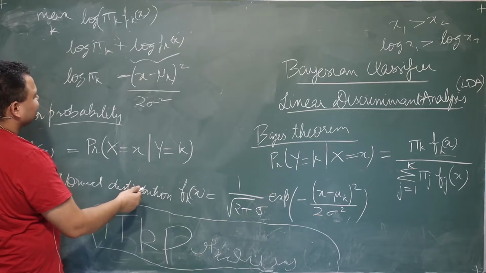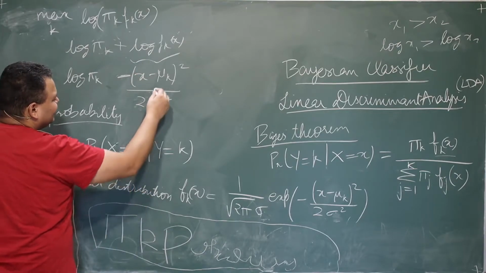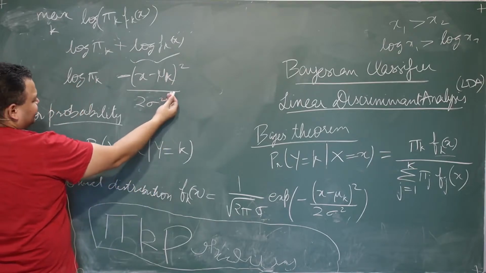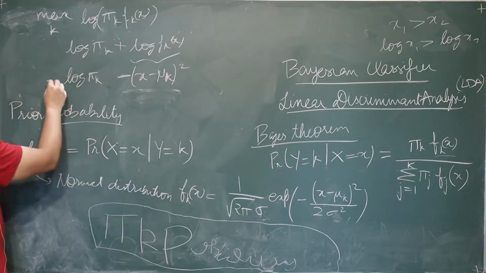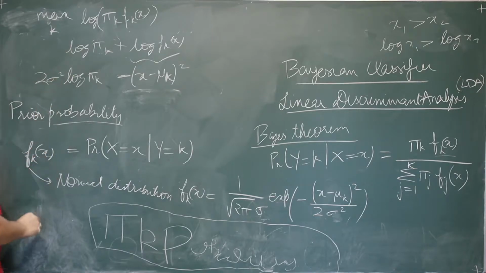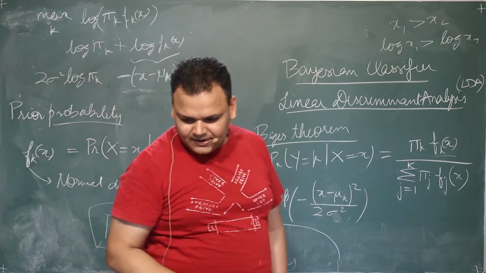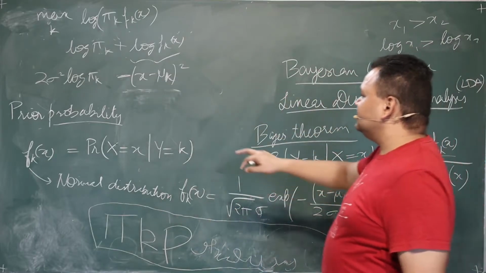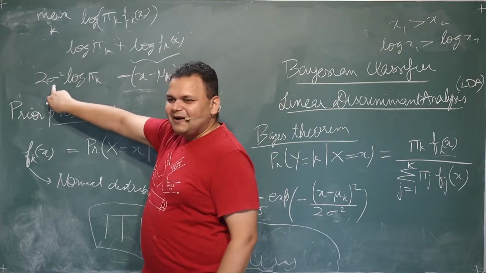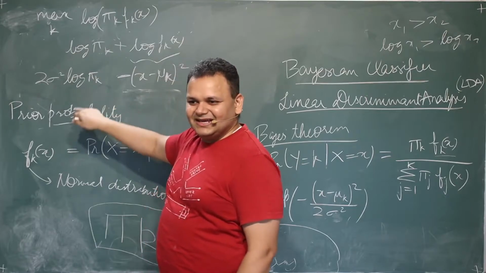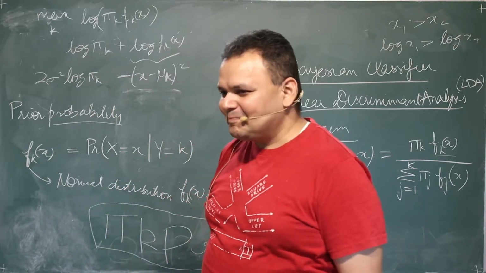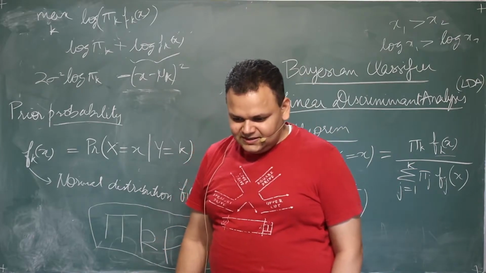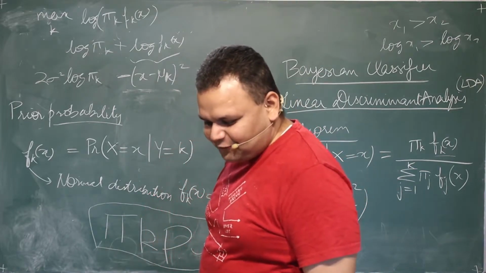I can take, yeah. Sir, I was saying that 2 sigma squared will not remain the same. No, but 2 sigma squared is getting multiplied by log pi k. Okay? So therefore it is not that straightforward.